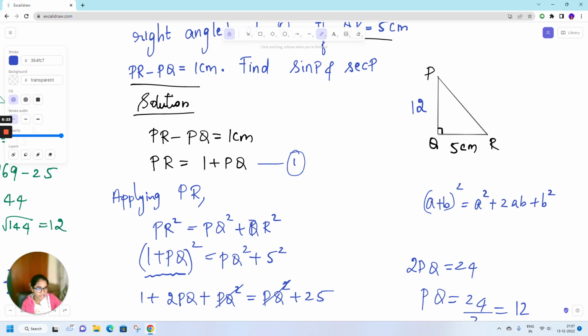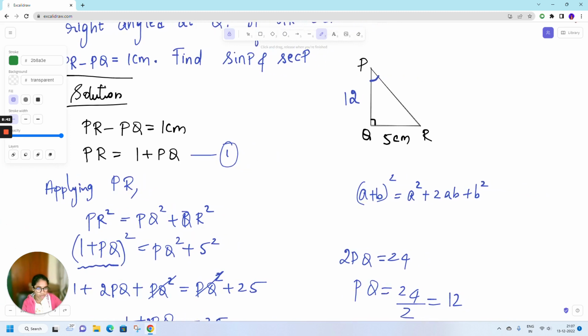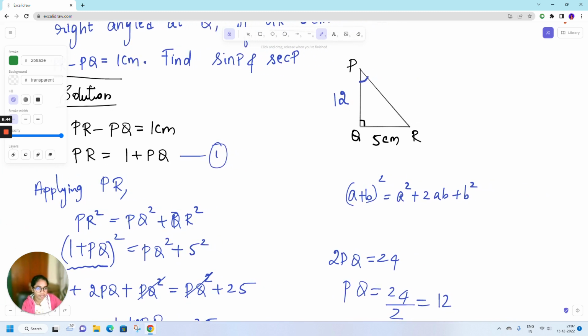What does this mean? Our angle is at P. So, if the angle is at P, we know the opposite side and the adjacent side. Now, can you tell me what the hypotenuse is? Let me use the Pythagoras theorem. 12 squared plus 5 squared is equal to the hypotenuse squared.